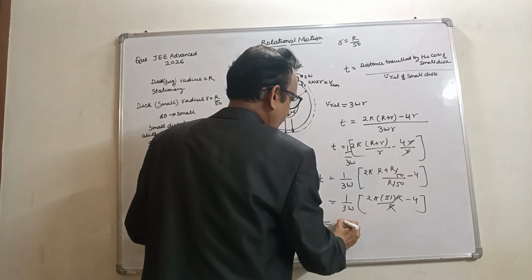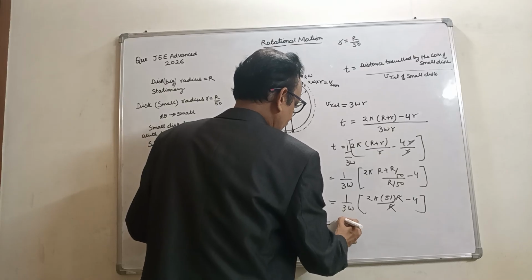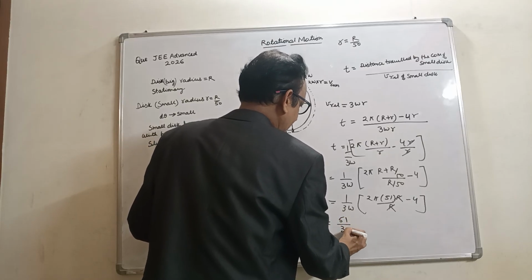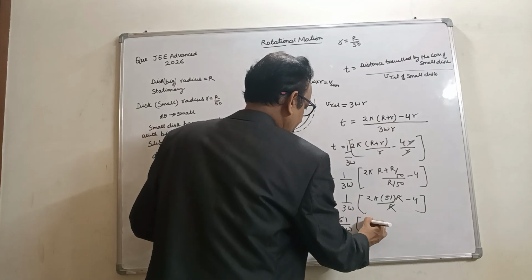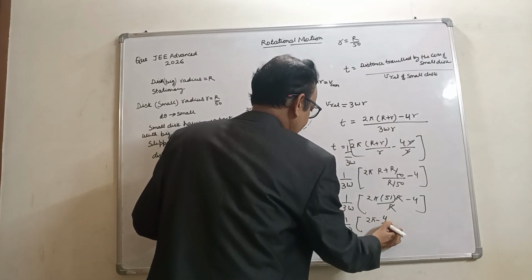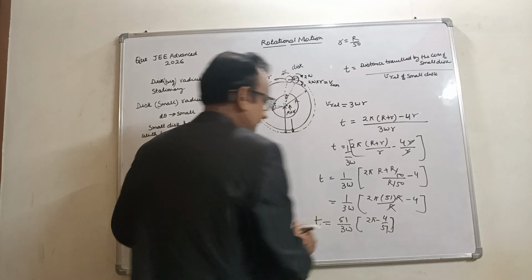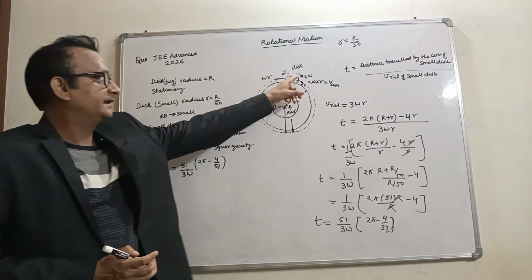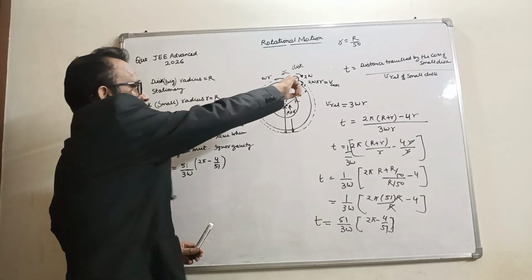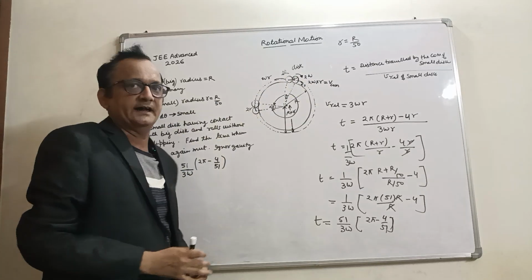We take 51 common, so this becomes 51 by 3 omega times (2 pi minus 4 by 51). This is the time taken by both disks when they meet again.